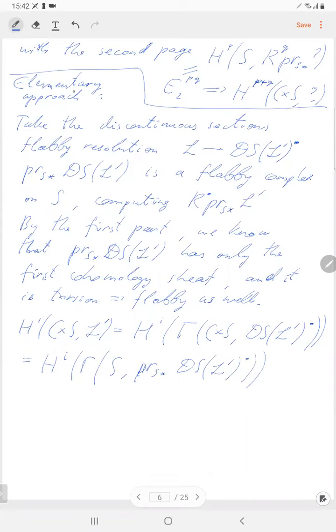Okay, so well, the last claim, implying the second part, is as follows.